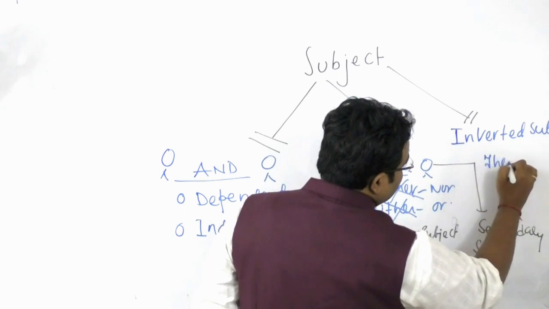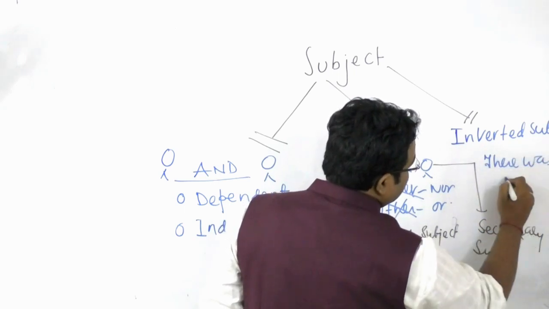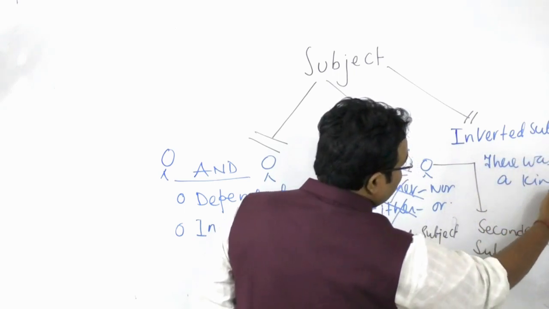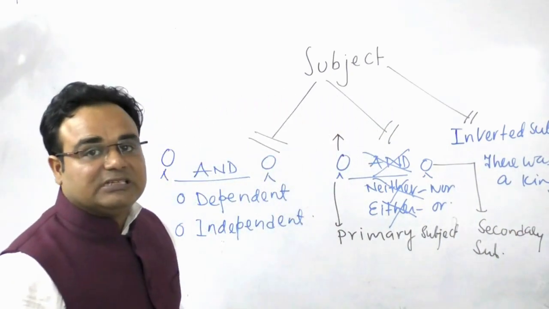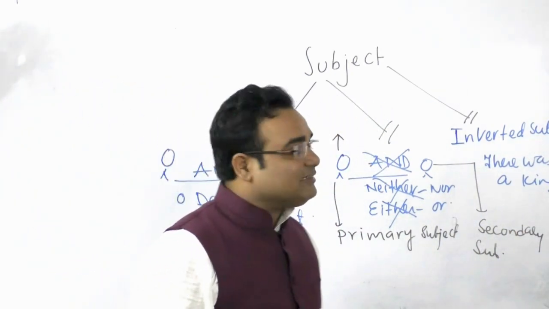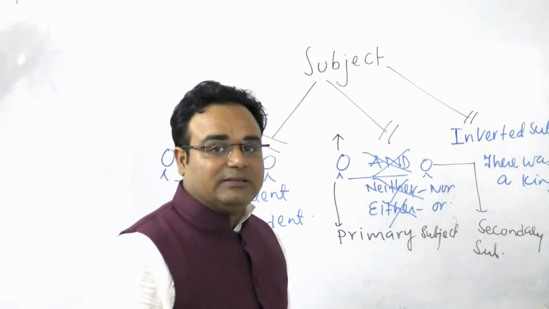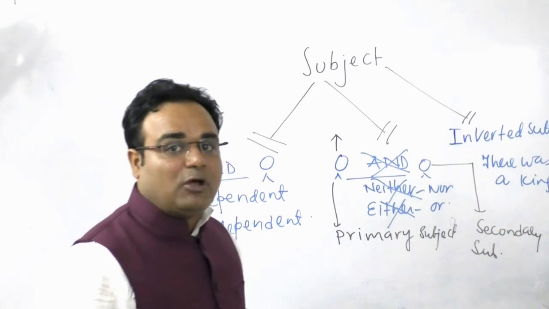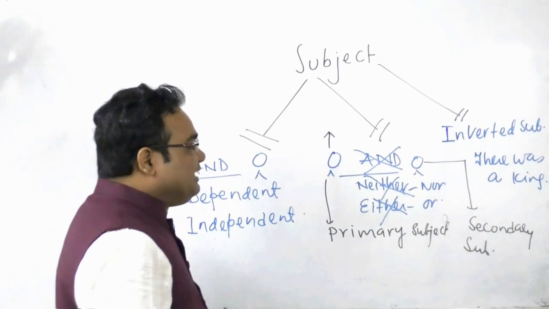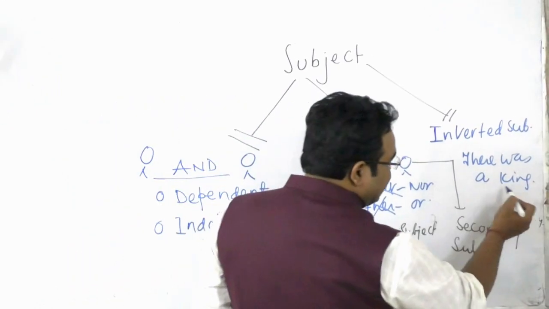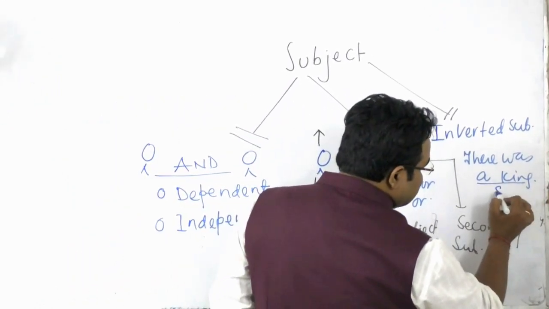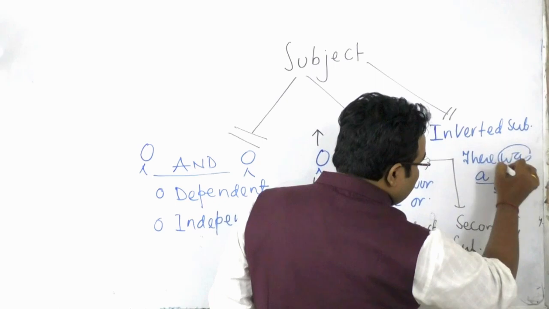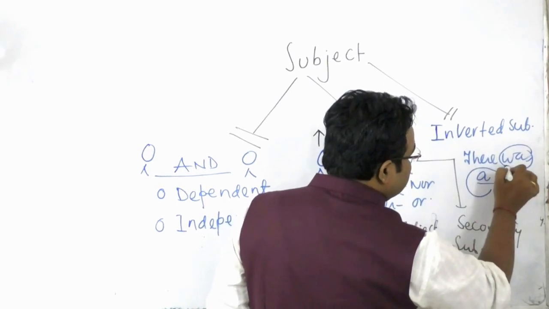There was a king. बचपन में हम लोग पढ़ते थे once upon a time there was a king, और अगला लाइन होता था he had 4 wives, right? For less than 4 they did not do, they were polygamist. So inverted subject, in that case see, a king is the subject, but the verb is preceding the subject.